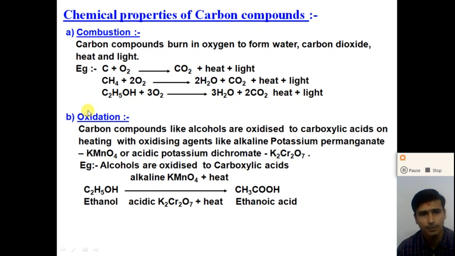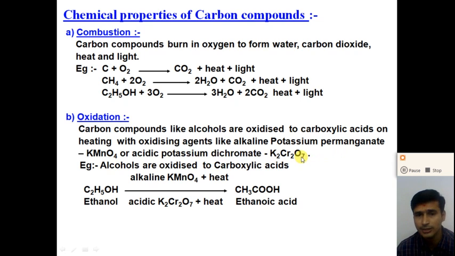The second chemical property is oxidation, right? Carbon compounds like alcohols are oxidized to carboxylic acids on heating with an oxidizing agent like alkaline potassium permanganate KMnO4 or acidic potassium dichromate K2Cr2O7, right?